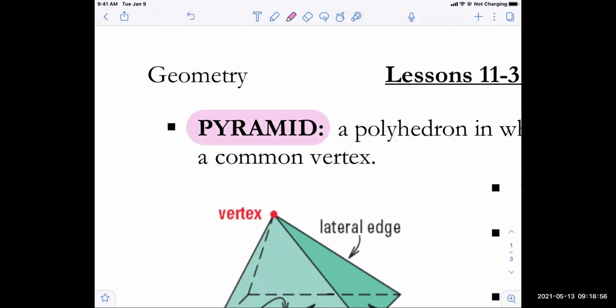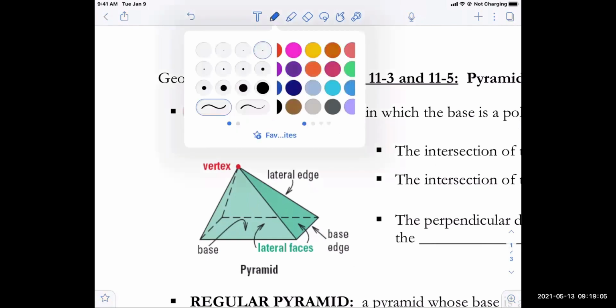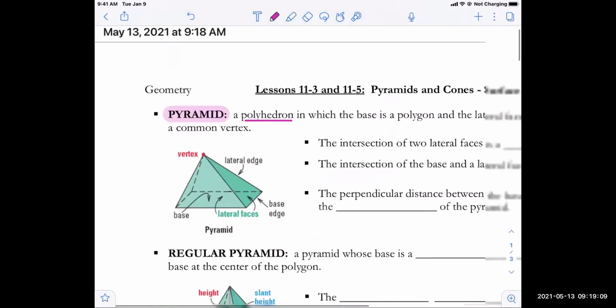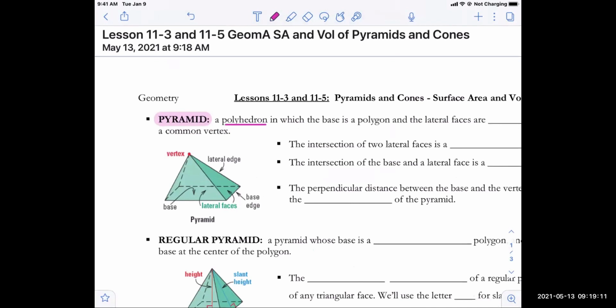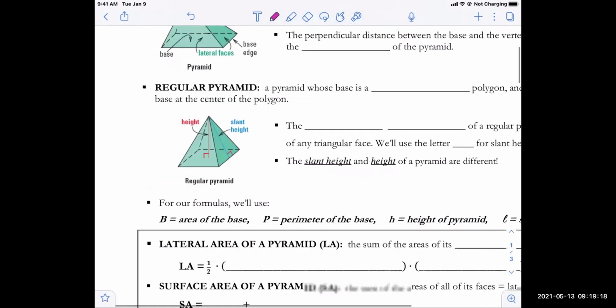A pyramid is a polyhedron. Now remember, polyhedron means it's 3D and it's made up of all polygons. A pyramid is a special kind of polyhedron where you have one base, which will be some kind of polygon, and the lateral faces, they're not rectangles this time.